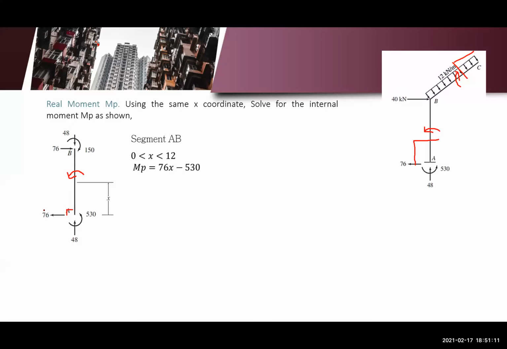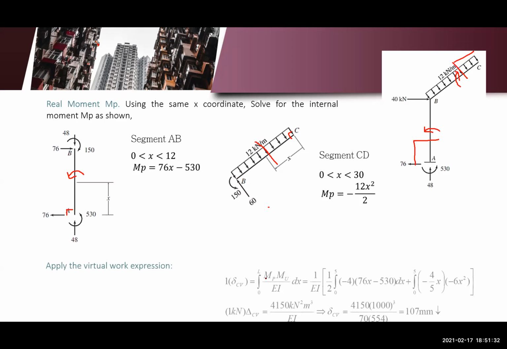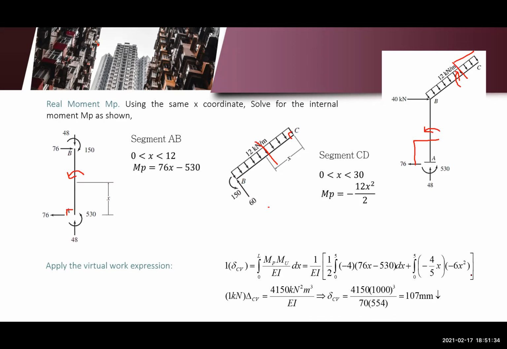Para di kayo ma-confuse, always remember, yung mga forces na perpendicular sa member, yun yung nag-create ng moment. Next, perpendicular naman siya, 90 degrees sa member, so you don't need to get the components. So, MP is -12x². And then, just substitute 0 to 12, tsaka 0 to 30. MP MU, MP MU.